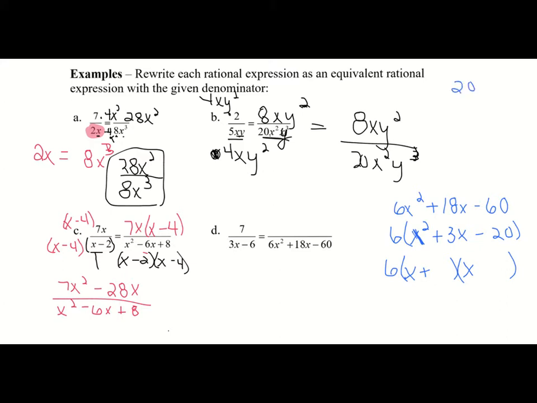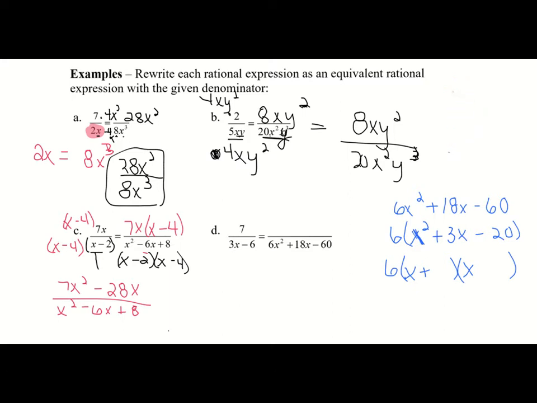So we have 1 and 20, 2 and 10, 5 and 4. But none of those will add to a positive 3. So I'm going to say they might have an error in this problem. I don't think that it is listed correctly. Oh, because you know why? I did it wrong. I factored wrong. Let's redo here.